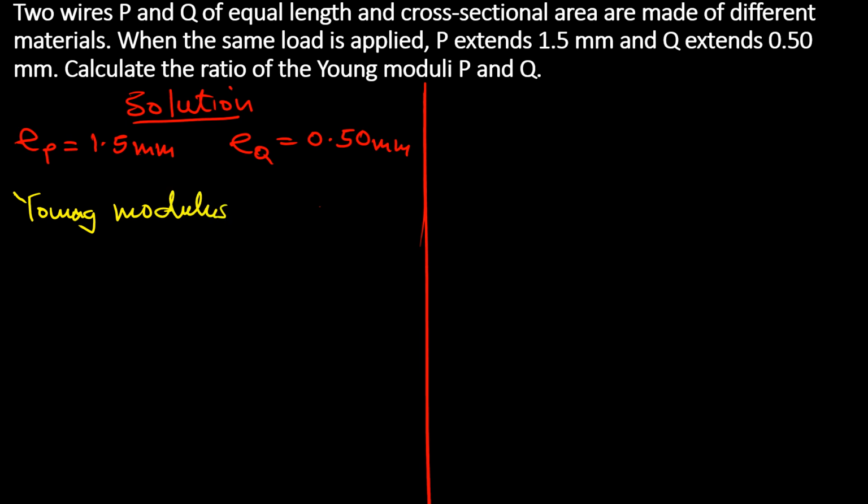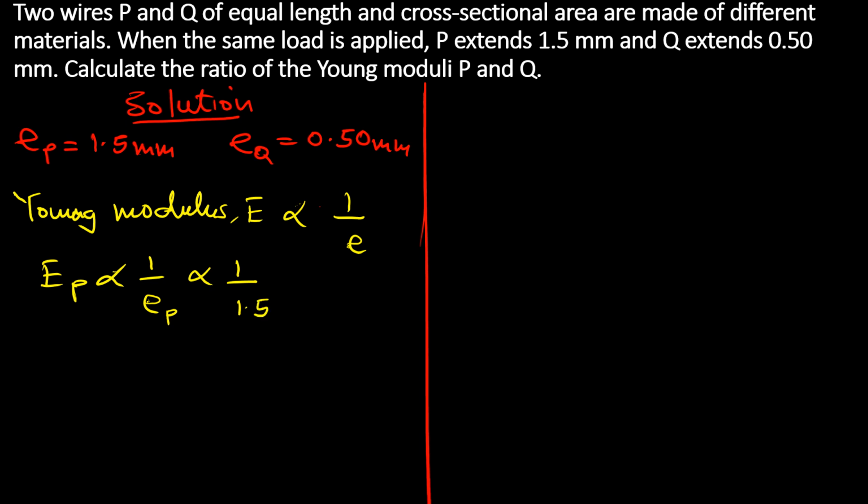Young modulus, as capital E, is inversely proportional to extension, which is small letter e. This means that the Young modulus of P is inversely proportional to the extension of P, which means it's inversely proportional to 1 over 1.5.